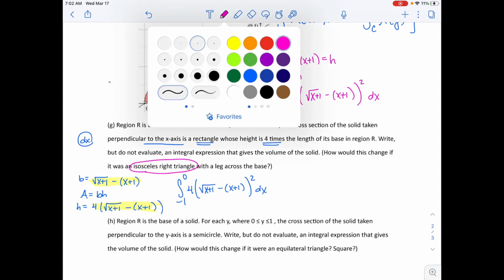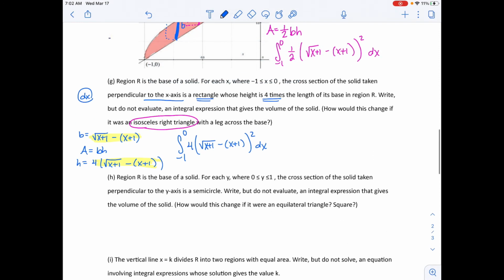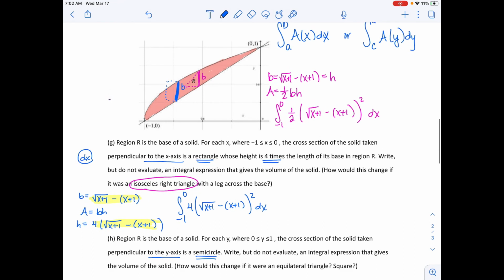All right, part H. Same region, except now the cross sections are perpendicular to the y-axis, and they're going to be a semicircle. So now we need to draw perpendicular to the y-axis, and that's going to be a semicircle.